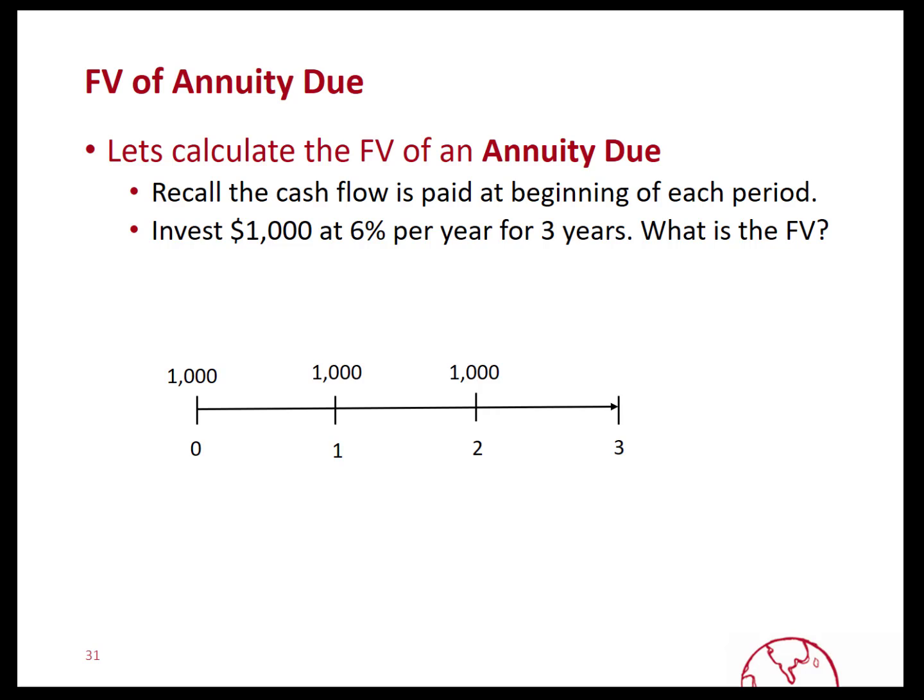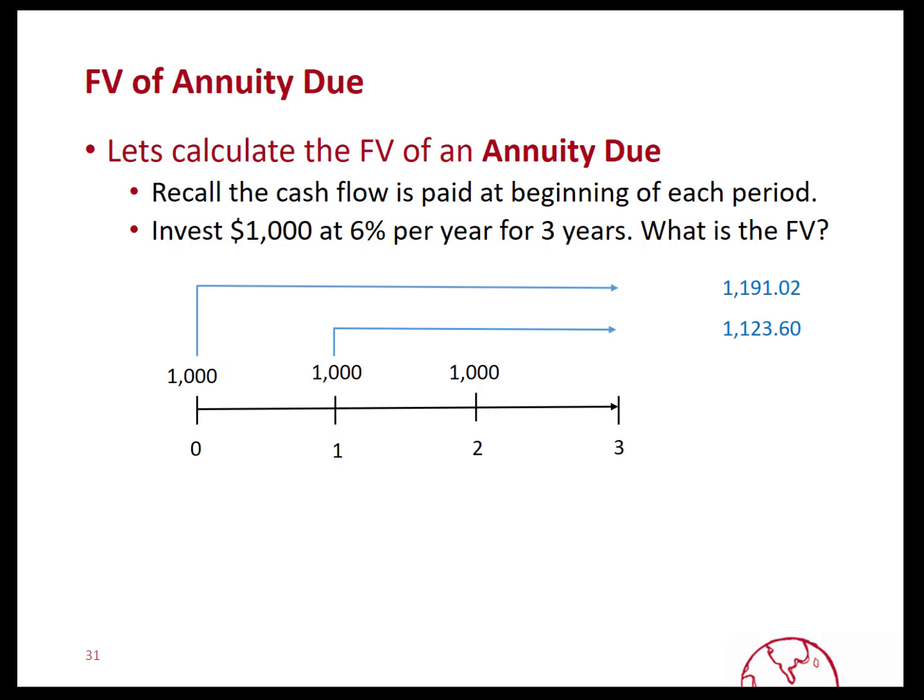Notice that the timing, however, starts immediately, day 0, and the final payment is made at the end of year 2 and the start of year 3. As a result, that first $1,000 actually grows for 3 periods. It's going to grow at 6% and be worth $1,191. That second payment grows for 2 periods and compounds interest.